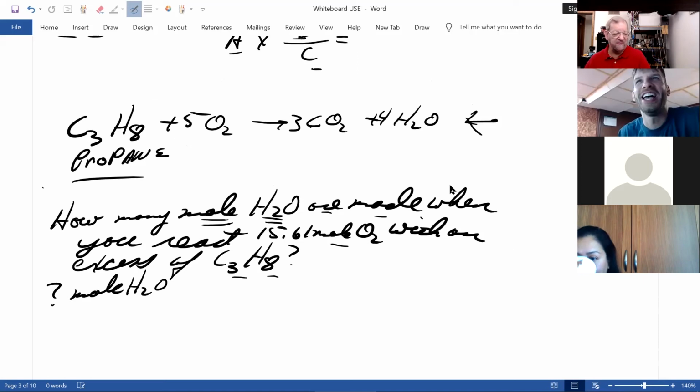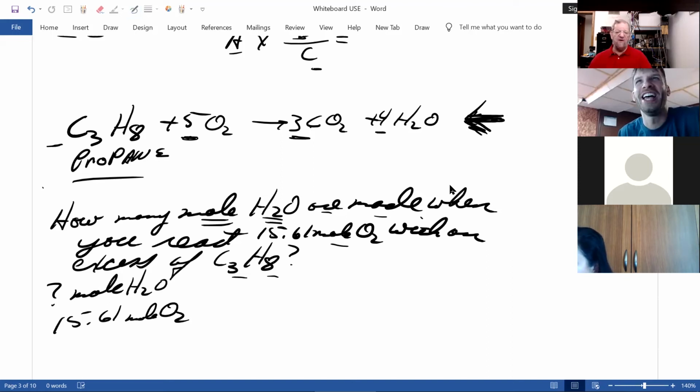What are we given? 15.61 moles of O2. What else are we given? The balanced chemical equation. And that tells us 1 mole of propane reacts with 5 moles of oxygen to make 3 moles of CO2, carbon dioxide, and 4 moles of water.